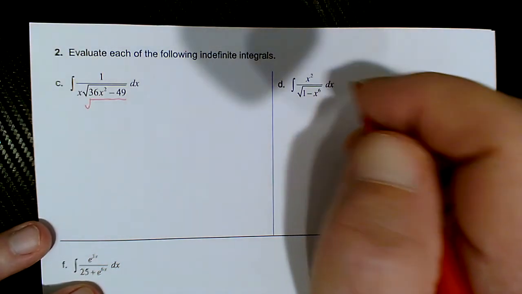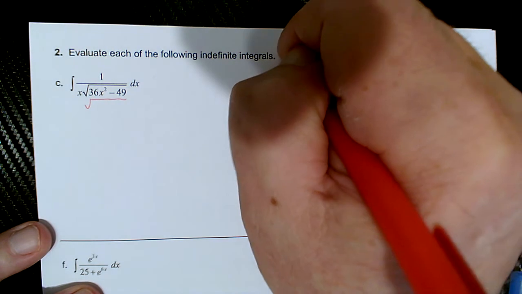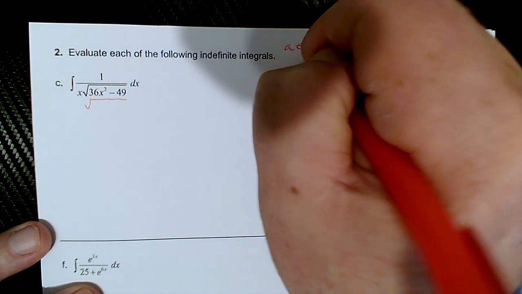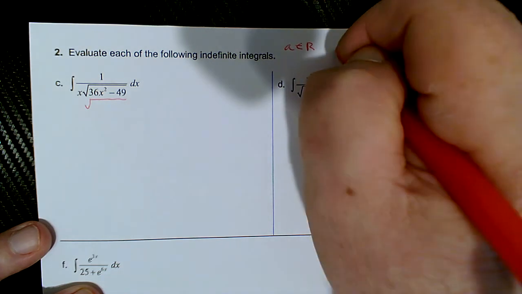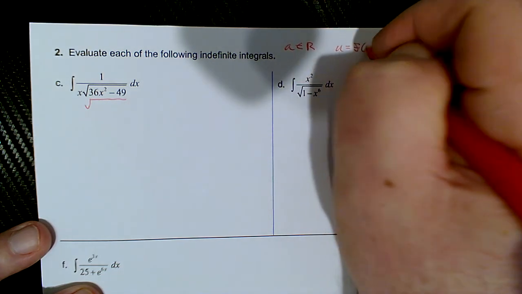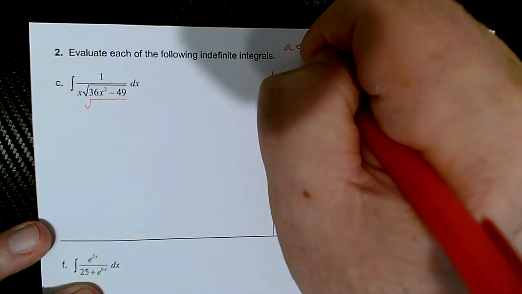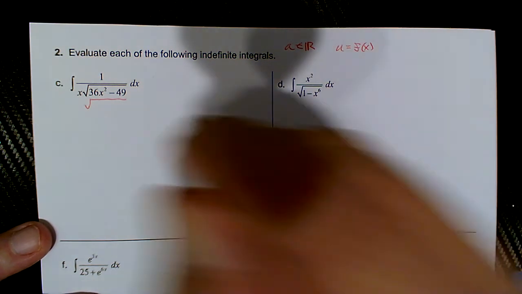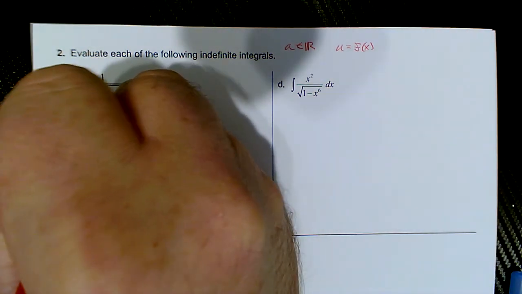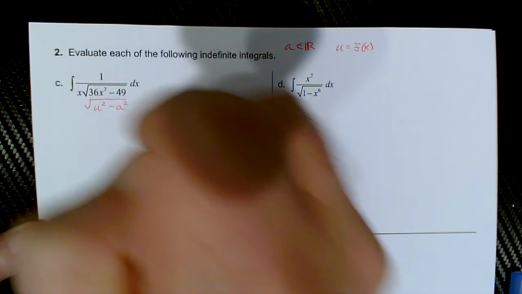You classify them with respect to a squared and u squared, where a is the real number and u is the function of x. So this would fit the form u squared minus a squared.